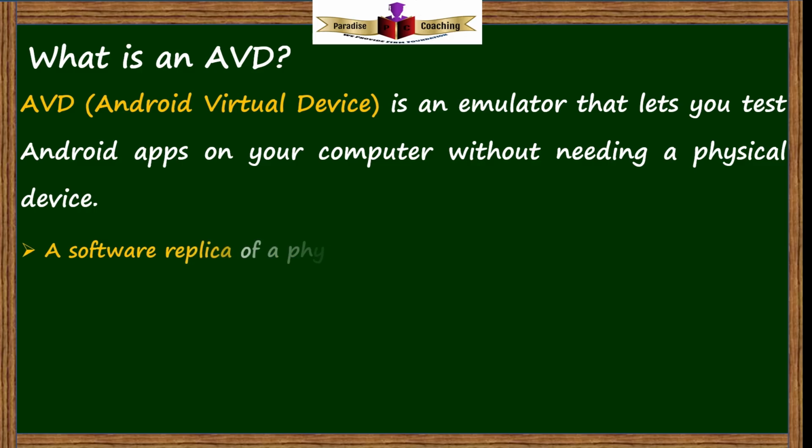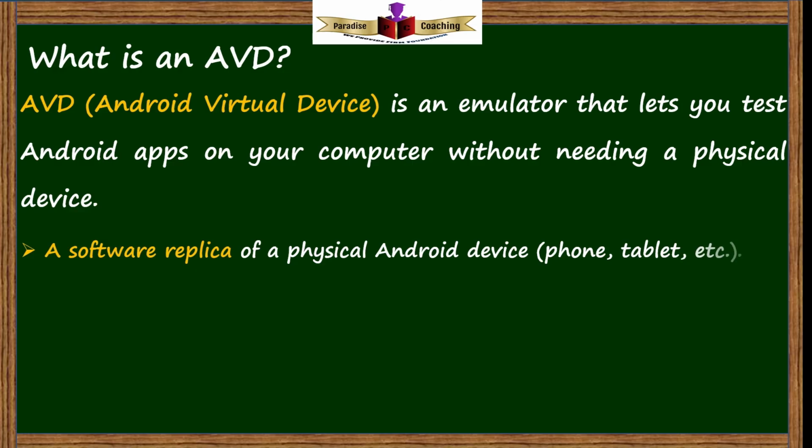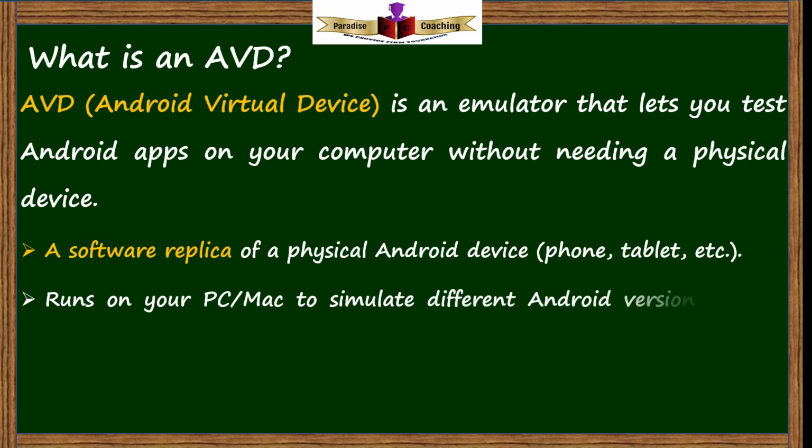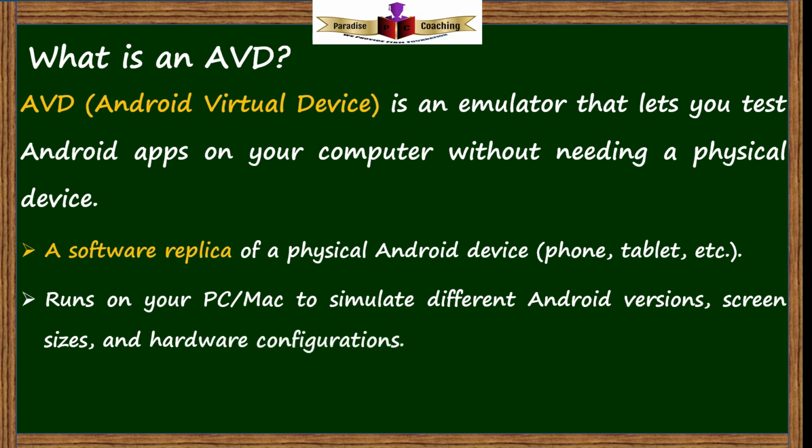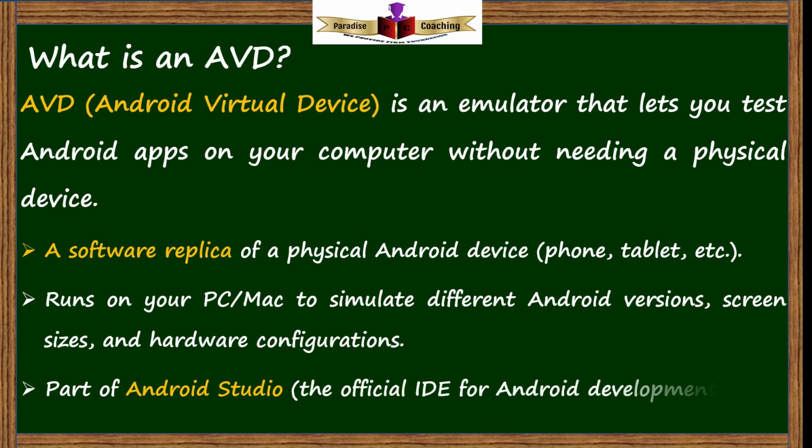A software replica of a physical Android device, phone, tablet, etc. Runs on your PC/Mac to simulate different Android versions, screen sizes, and hardware configurations. Part of Android Studio, the official integrated development environment for Android development.